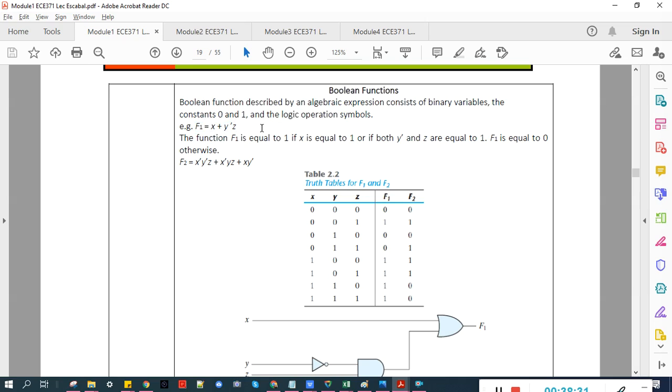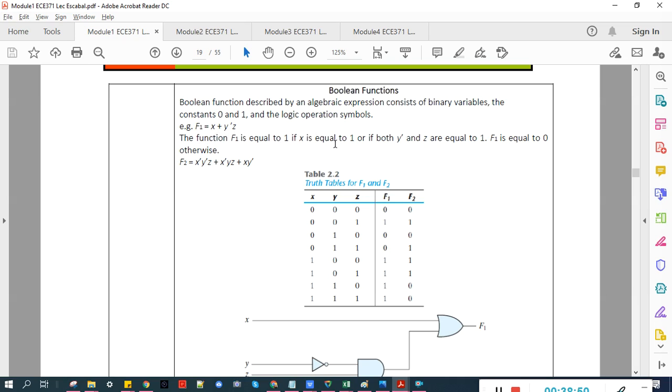So our binary variables are x, y, and z. Then the operations are OR, complement, and AND. The function f1 is equal to 1 if x is equal to 1.